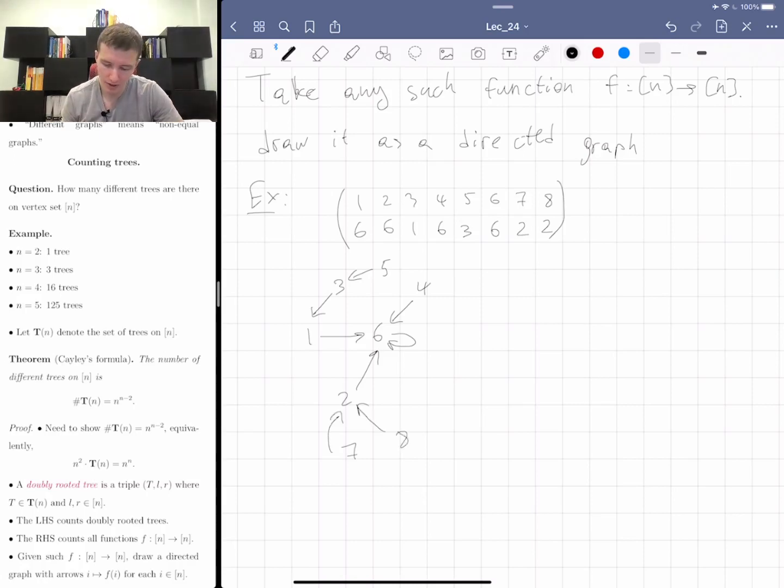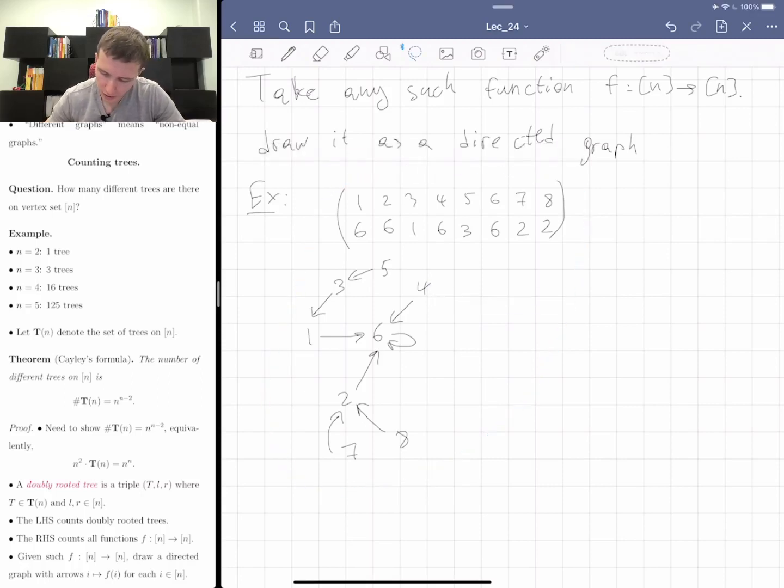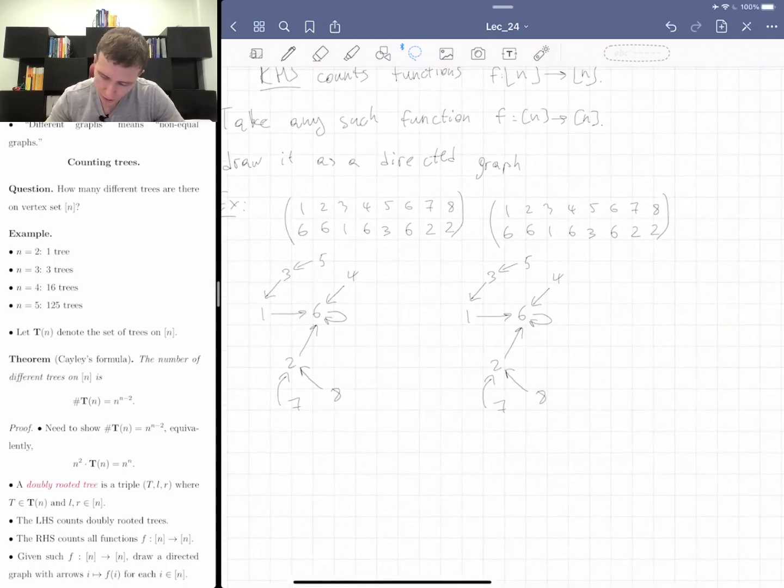Yeah, maybe that's not a good example. Let's try another one. This time I want 2 to go to 1, and I want 6 to go to 2.